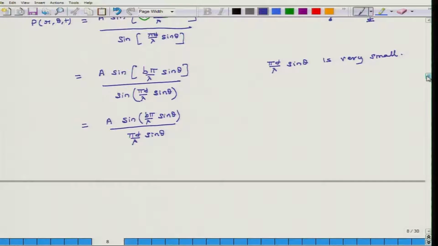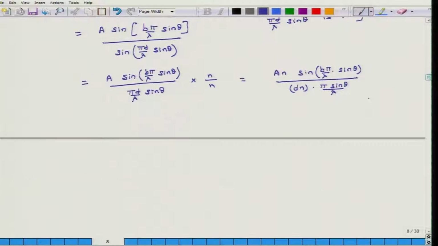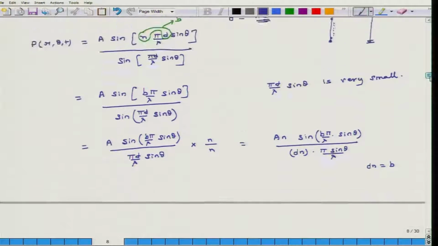And now what I do is I multiply the numerator by n and divide the denominator by n. So, I get A n sine(b pi over lambda times sine theta) divided by d n times pi sine theta over lambda. Now, d n equals b, because d is the distance between sources.